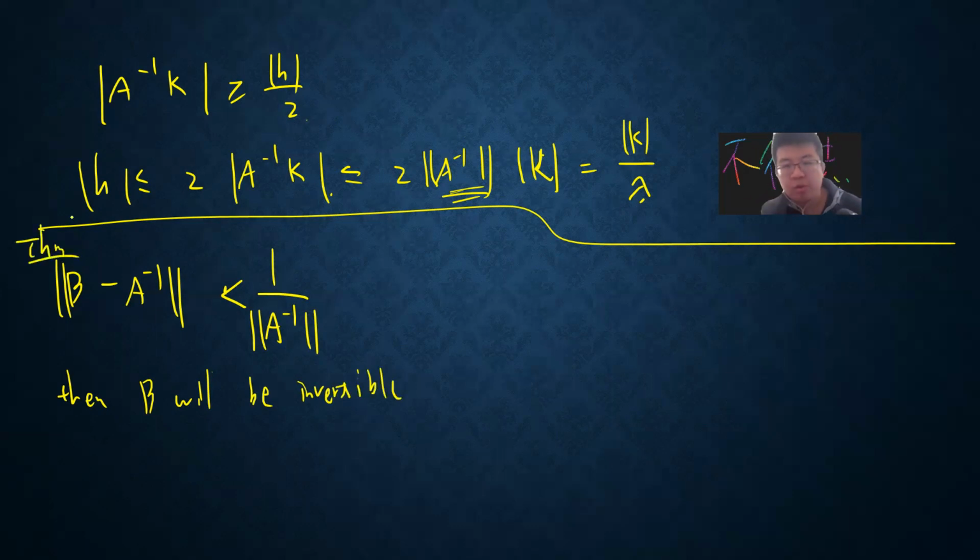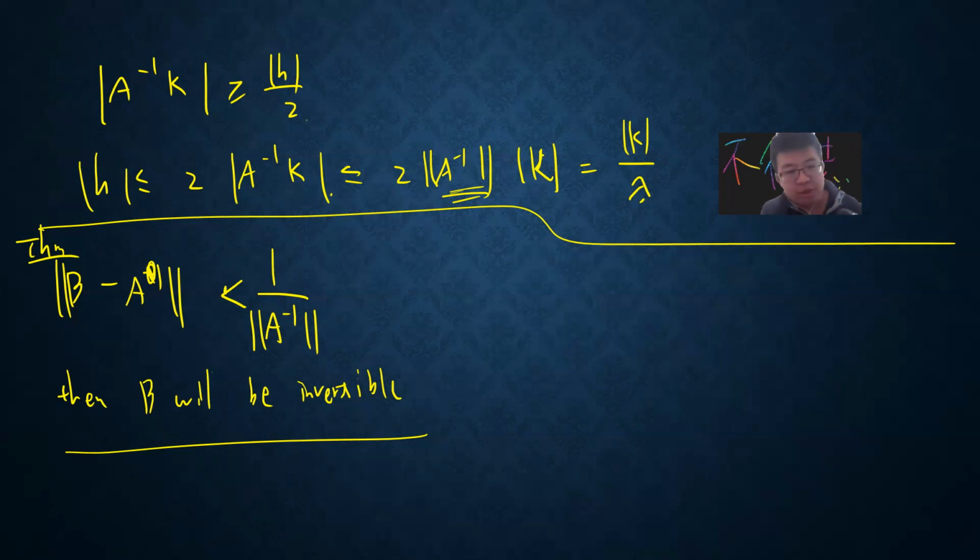If you don't know the proof of this theorem, you can go to my previous 2 or 3 videos, where I list it. So this theorem tells you that if you are so close to some invertible matrix, such that your difference is less or equal to 1 over the norm of the inverse of that invertible matrix, then that matrix will be invertible.